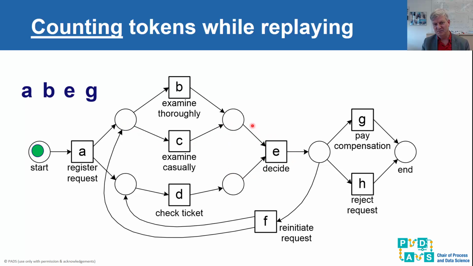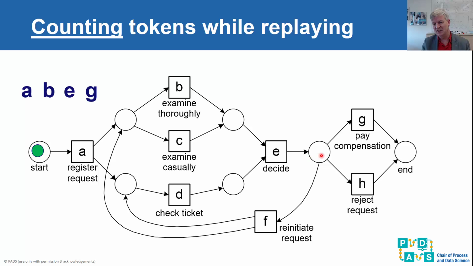E can only be executed after B or C has happened and D has happened. It could be that D is finished before B or C, but it could also be that B or C is finished before D. But both need to have finished before I can execute E.